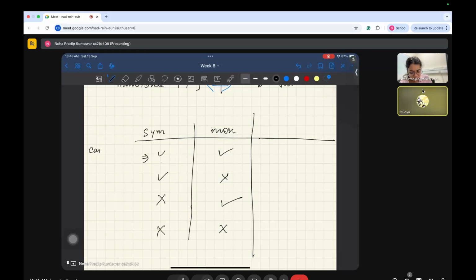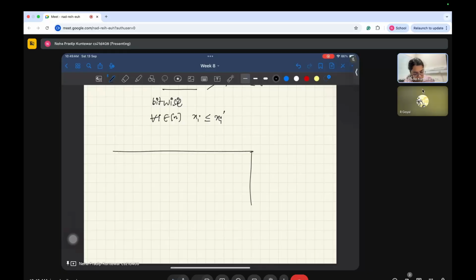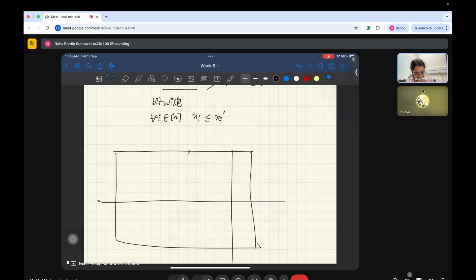I can devise a function like this. The entire input is divided into two halves. In the right half I have only ones, so I'm least bothered about the values in that half. Yes, this is your truth table, and we divide it into halves.